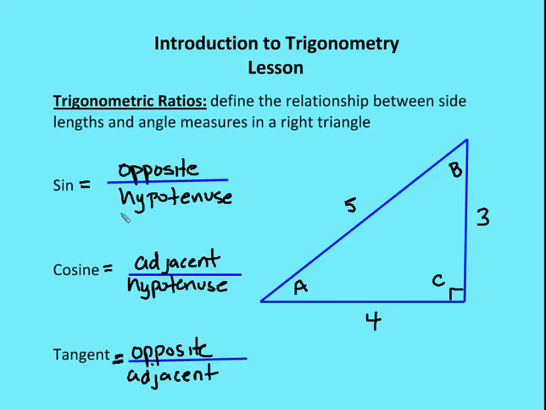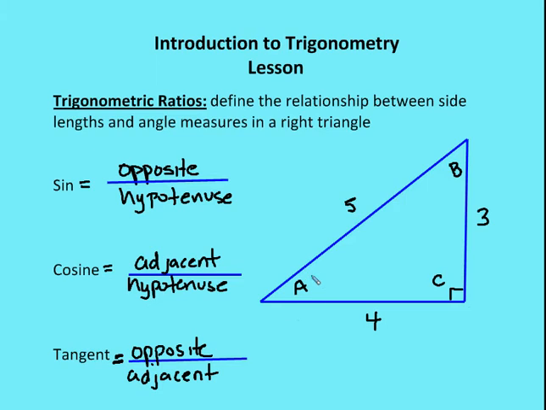Now when we talk about the sine of some angle measure, we're talking about it in relation to some angle measure, or some location as a reference point. If I say the sine of angle B, that's going to be a relationship between the opposite side, which is 4, over the hypotenuse 5.